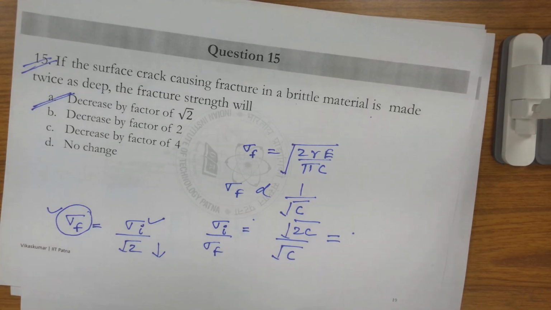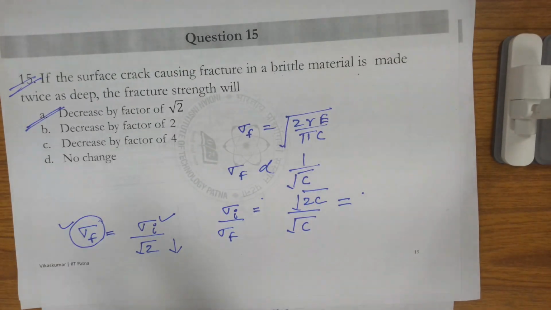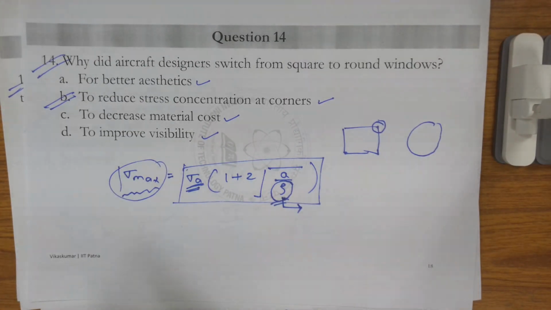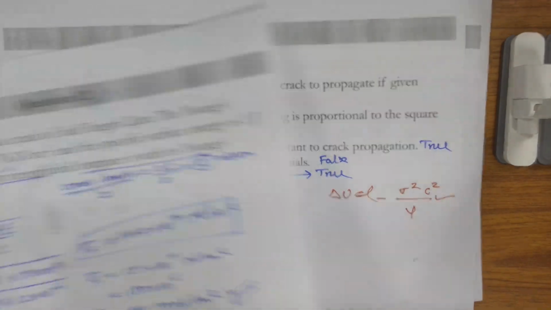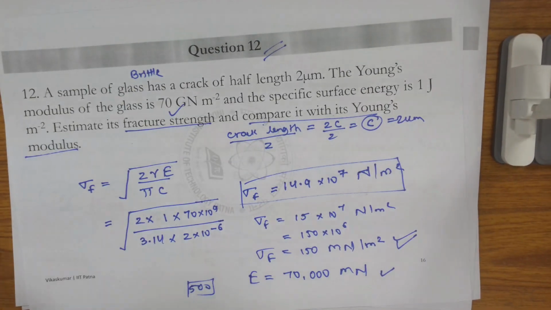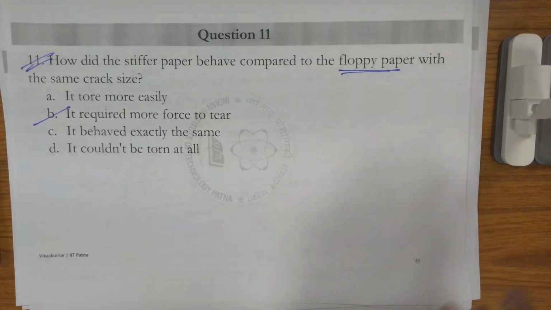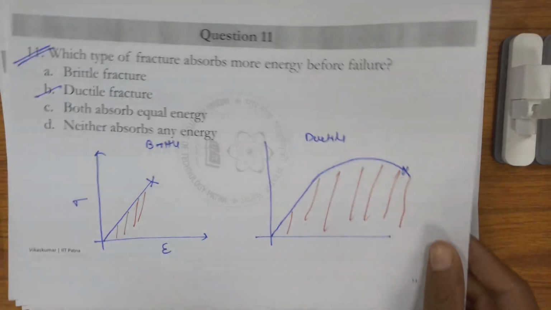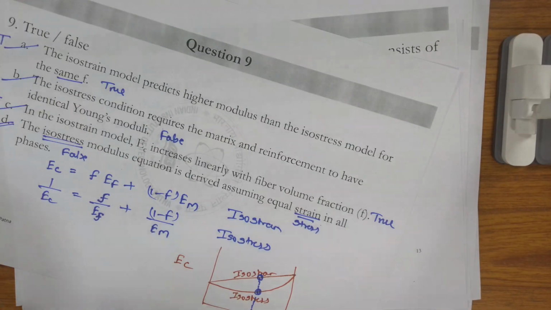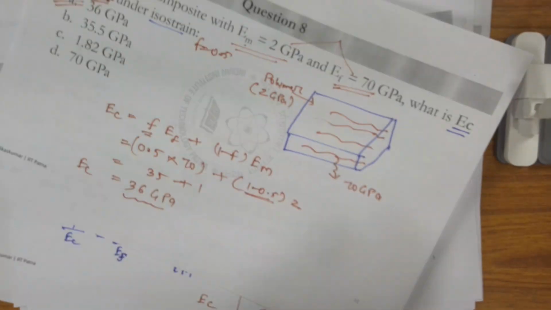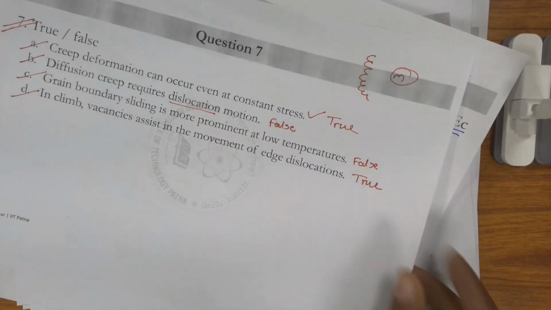Let's have a final look at the questions. Then some on brittle and ductile fractures. We solved a few numericals. True and false based questions. We solved a few numericals based on that.